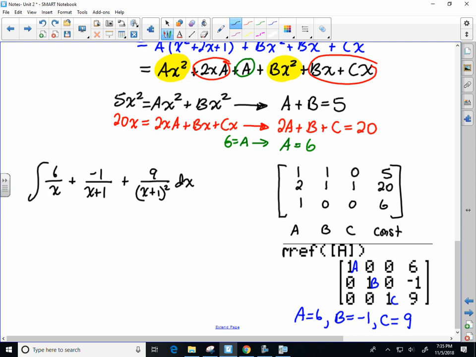Because you might look at this as a little u substitution, although I don't think it's that complicated. The first two are natural logs. So we're looking at 6 ln x minus ln of x plus 1 plus, I'm going to write this as the antiderivative of 9(x plus 1) to the -2nd dx.